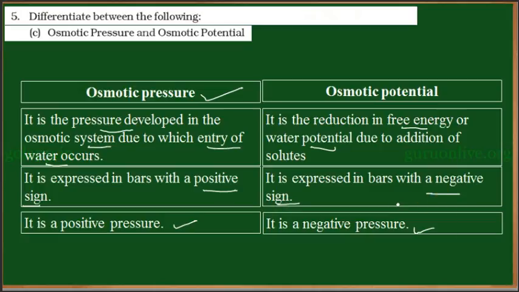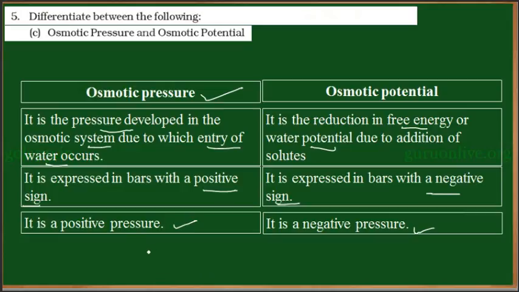So in a less concentrated solution, the water potential will be less negative. In a concentrated solution, the water potential will be even more negative. So the values of osmotic pressure and osmotic potential will be the same, but they are indicated by two different signs. Osmotic pressure is indicated by a positive sign and osmotic potential is indicated by a negative sign. So these are the differences between osmotic pressure and osmotic potential.